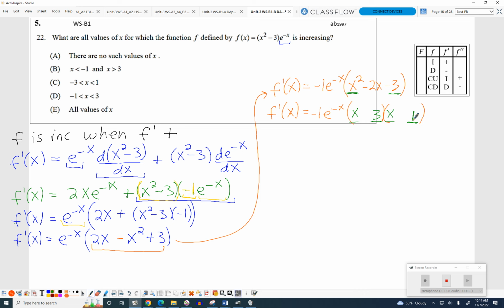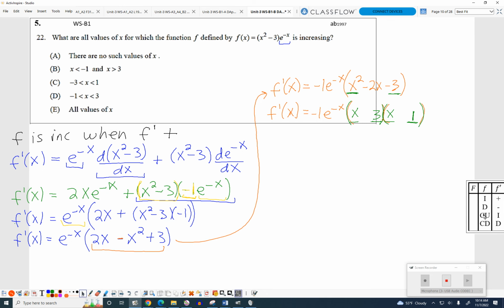So 3 and 1. Now I need to multiply these two parenthesized things. So I give myself a little space over here. So we have x times x is definitely x squared. And then, okay, so we got x squared.